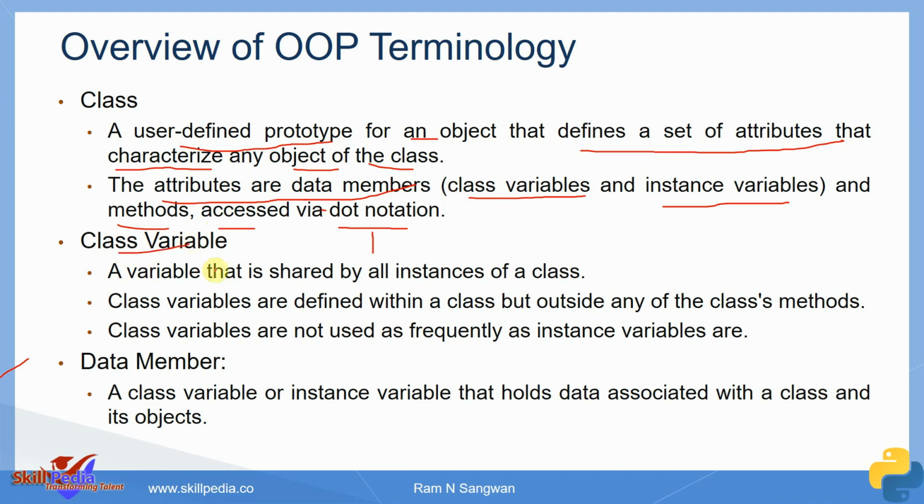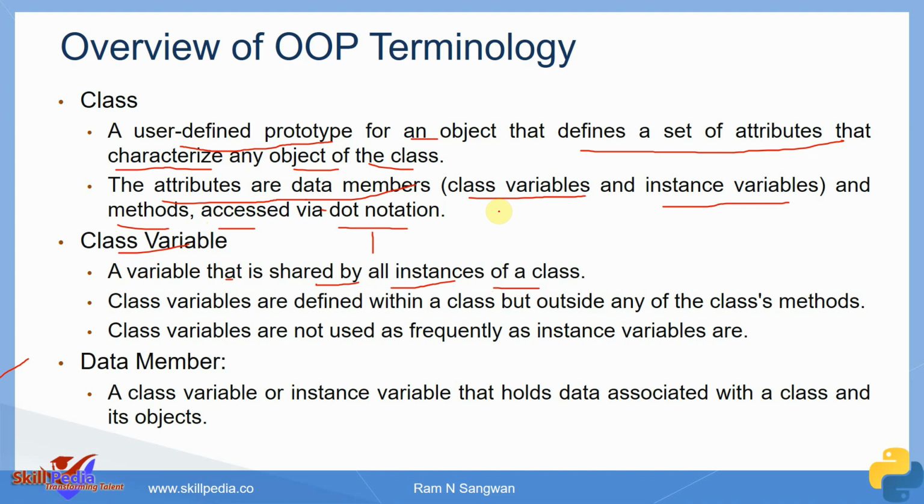Class variable, a variable that is shared by all instances of a class. Like if I say name is shared by all human beings. So human is a class, every human will have a name, mandatory.